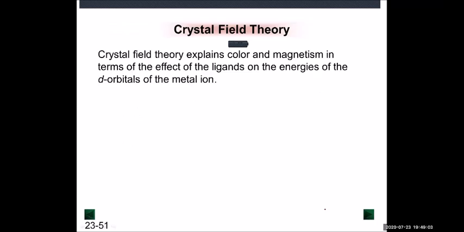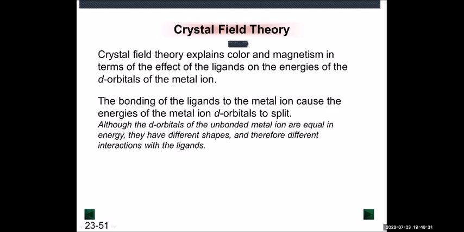Crystal field theory tries to explain how come, when we change the different transition metals and different ligands, you have a certain color change, and also a magnetic property change. Crystal field theory takes some time to get into, but the theory explains that the ligand interacts with the d orbitals of the central metal.